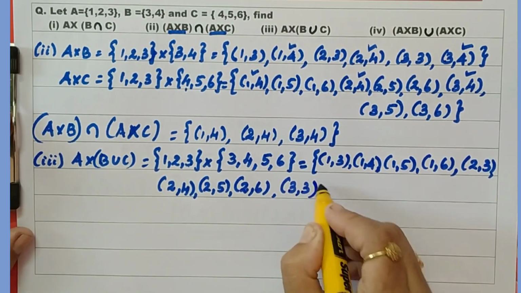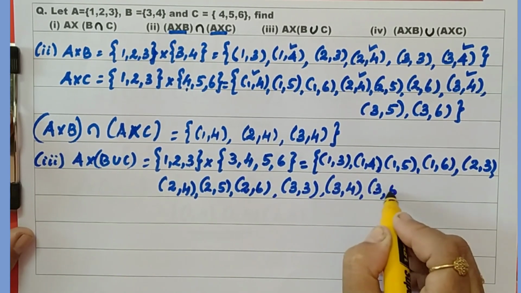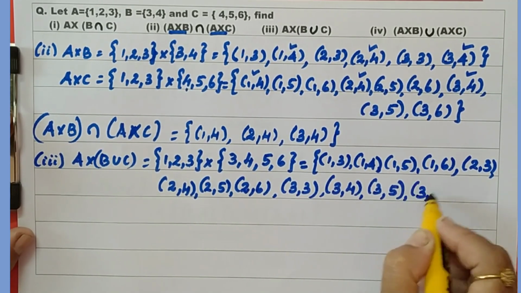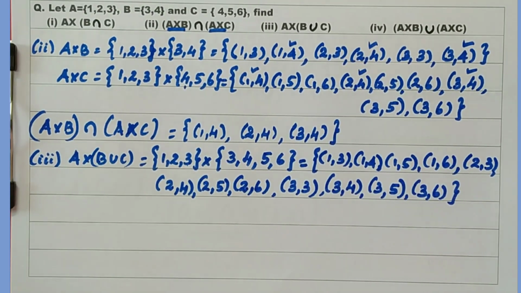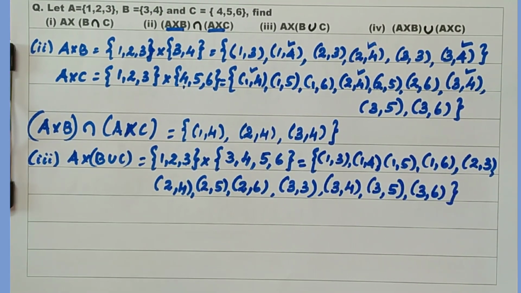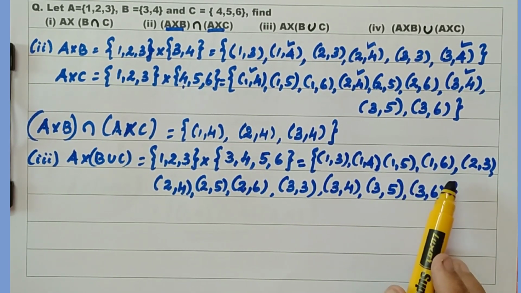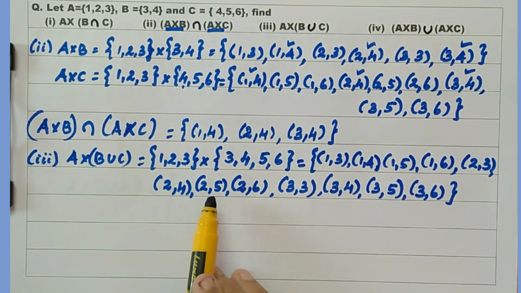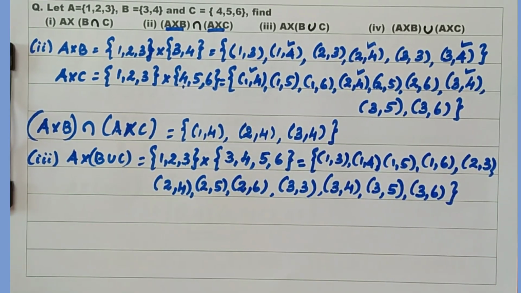So this is A cross (B union C), which equals {(1, 3), (1, 4), (1, 5), (1, 6), (2, 3), (2, 4), (2, 5), (2, 6), (3, 3), (3, 4), (3, 5), (3, 6)}.